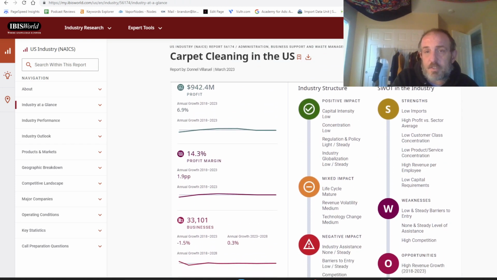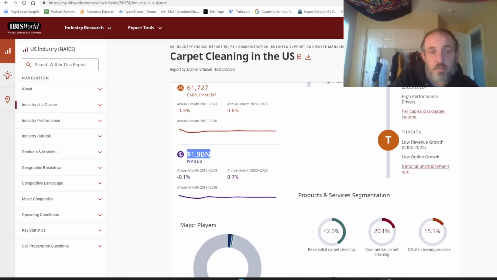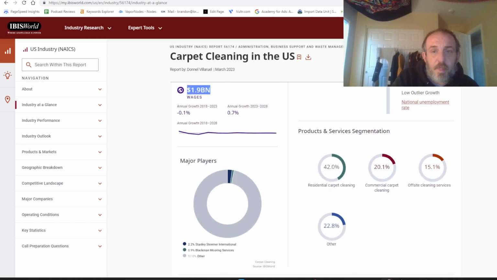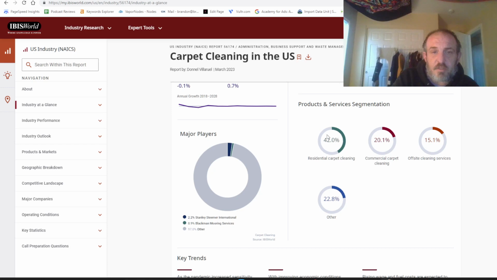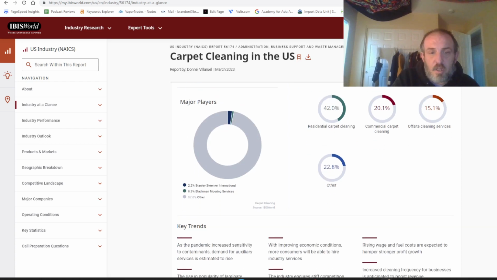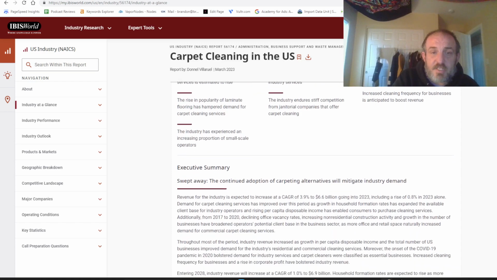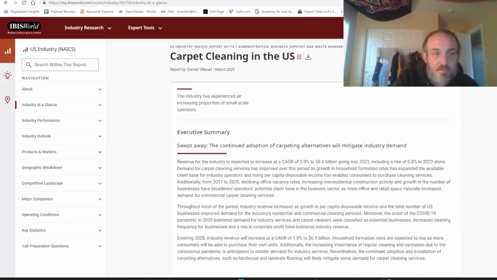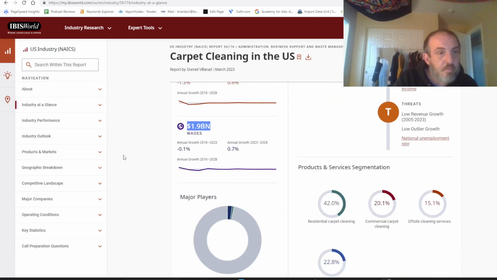It has industry structure. Then it has wages. It has a breakdown of residential and commercial, off-site, other, Stanley Steamer, and Chem-Dry. Trends and an executive summary are on this page.